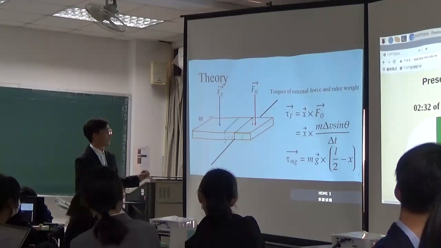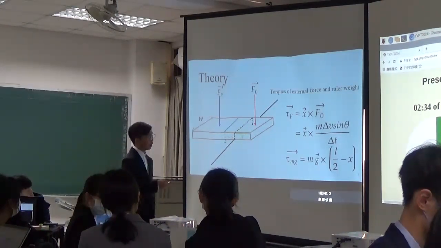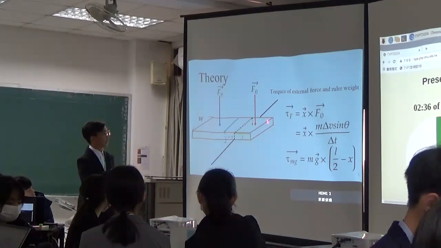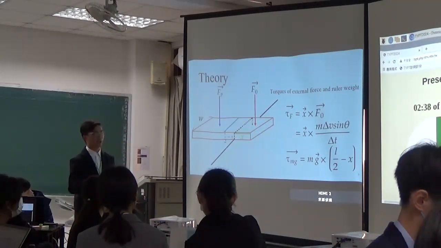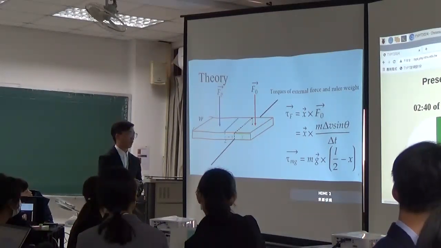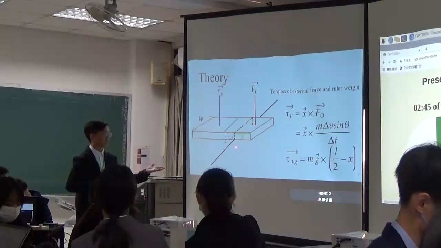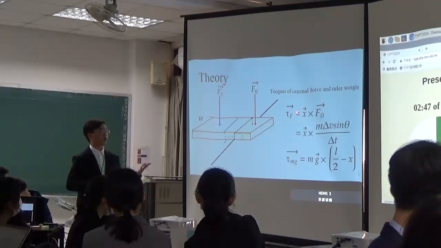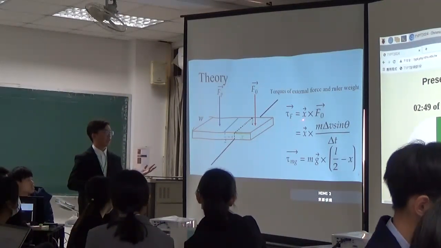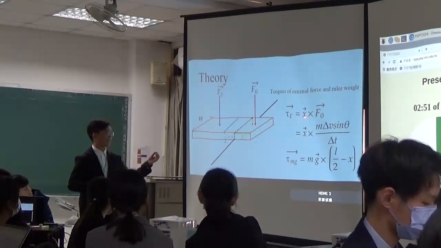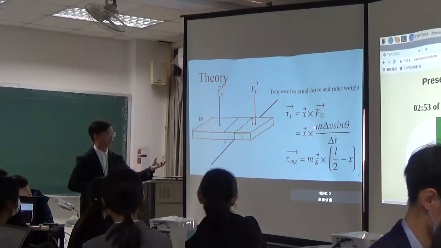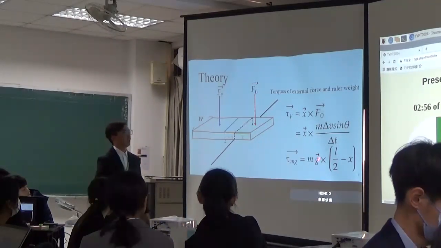You can see the ball drops here, and there will be a force created by the ball. Here's the pivot point, so there will be a torque created, which is the length X cross F0.